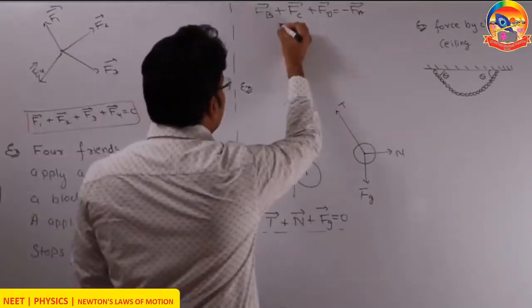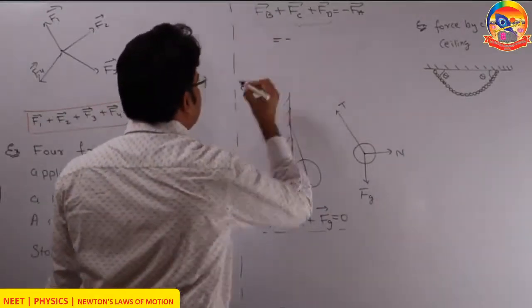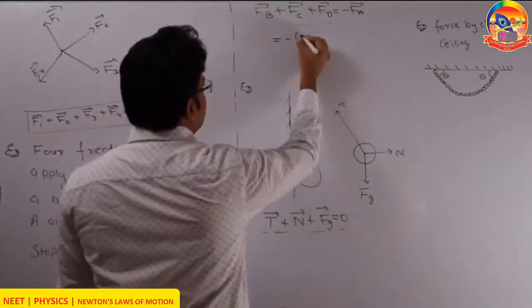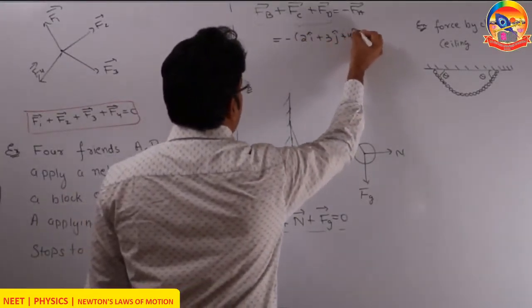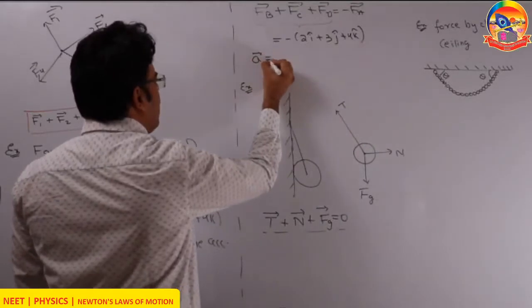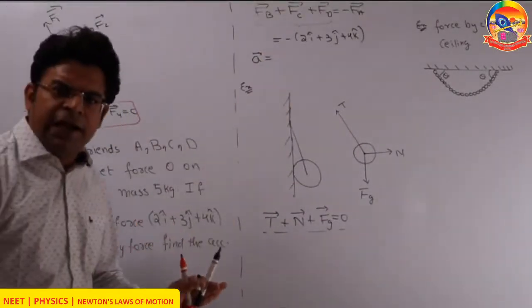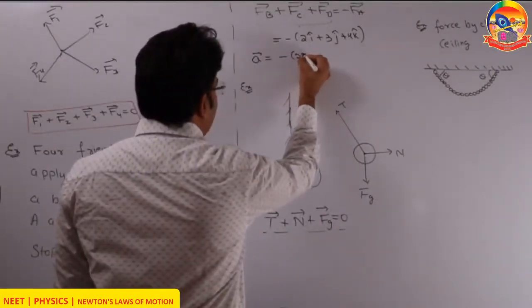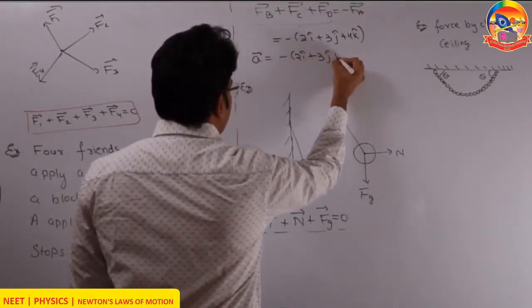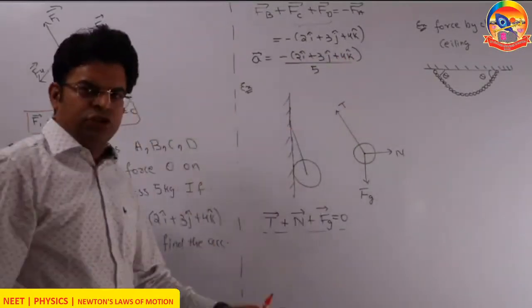So the resultant of these three forces which are still acting is nothing but minus the force applied by A, that is 2i cap plus 3j cap plus 4k cap. So what will be the acceleration? Acceleration of the block of mass 5 kg has to be the net force acting on it divided by its mass. The net force acting is minus of 2i cap plus 3j cap plus 4k cap divided by the mass, which is 5. This comes out to be the result.